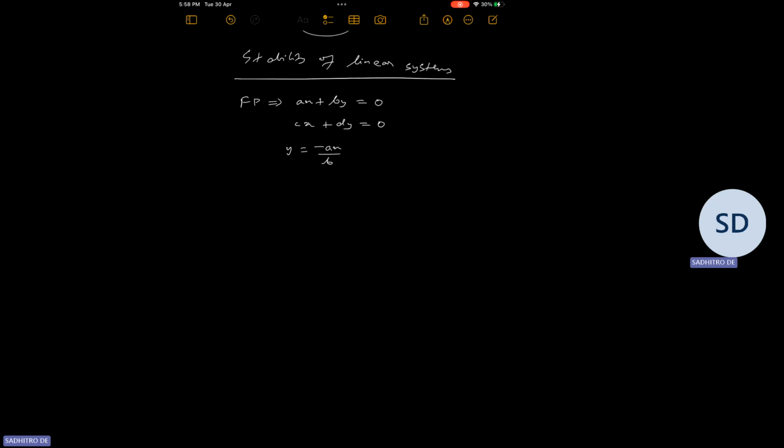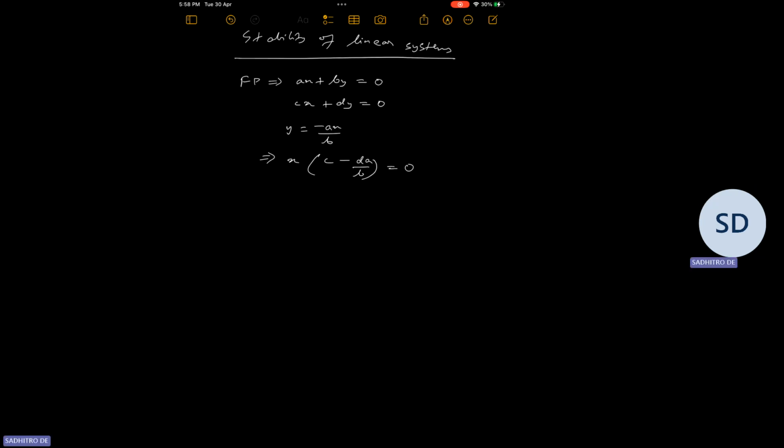If you substitute this in the second equation, then you get x into minus a by c equal to 0, provided that d into c is not equal to d into a.